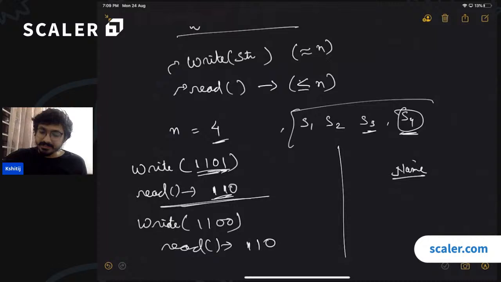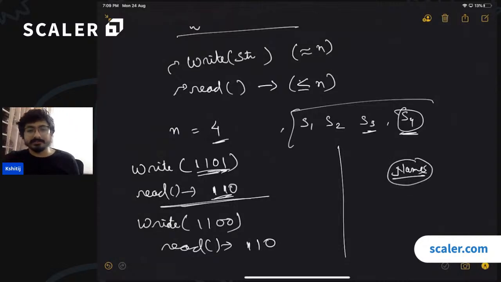You have to return the names of all the faulty slaves. Okay, Deval, that is correct. Can you optimize that?